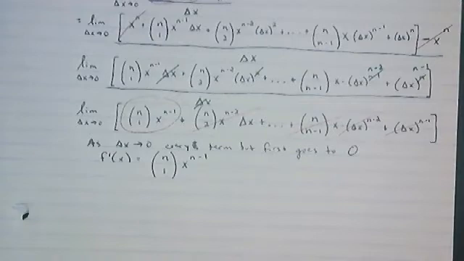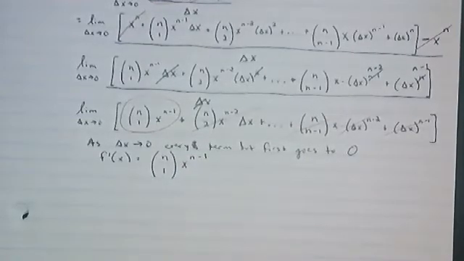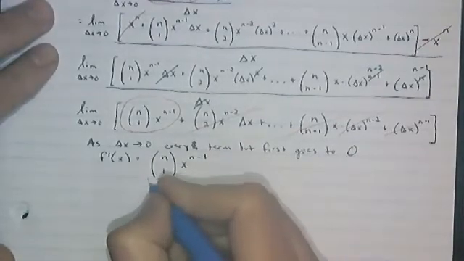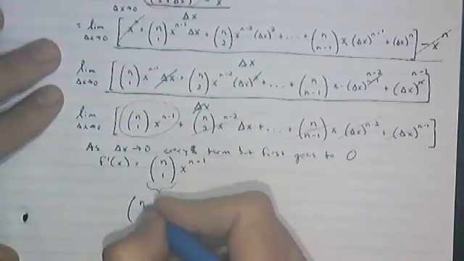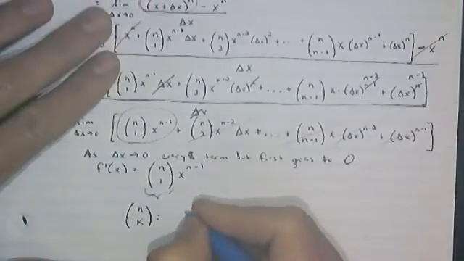We've got to go in the Wayback Machine and remember what the heck n choose 1 means. Casually, it means how many ways can you order n things one time? That should be n. But let's be a little more rigorous than that. N choose k in general is n factorial over k factorial times n minus k factorial.